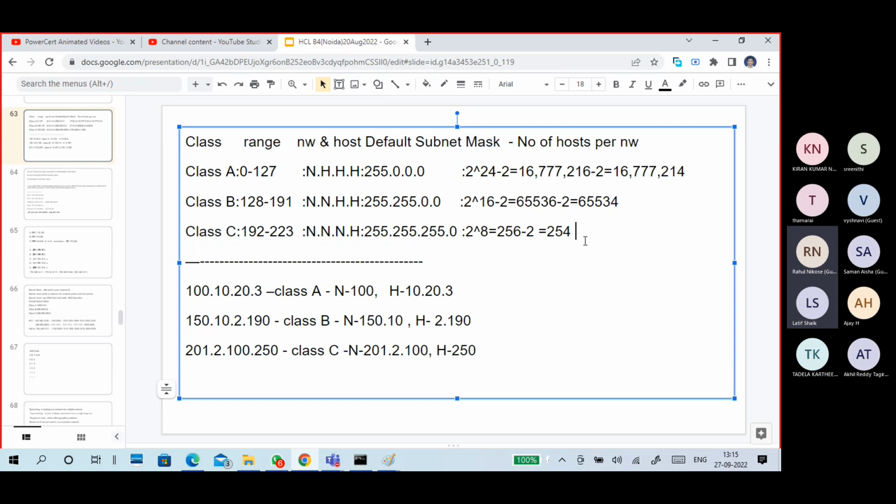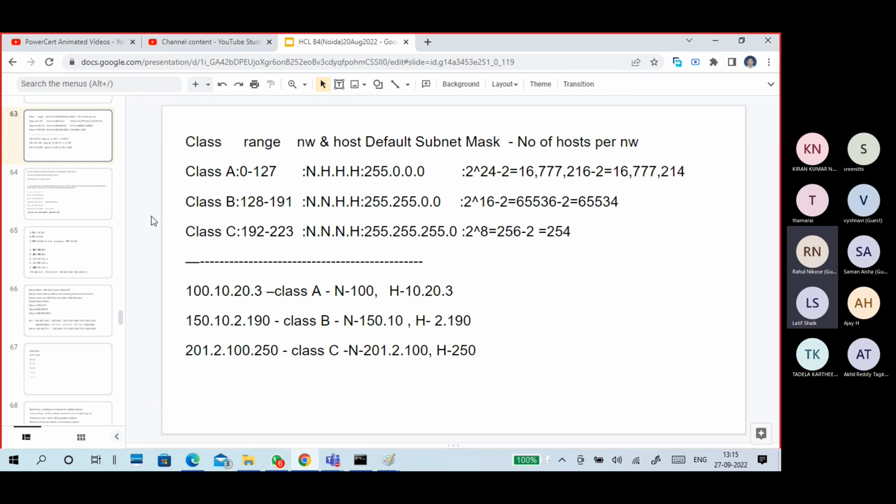For example, if I want to divide this network into two parts, each part will get less than 254, half of it, around 126 possible hosts.